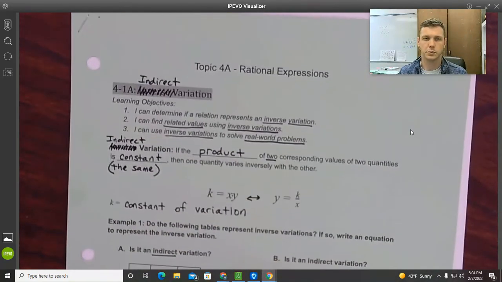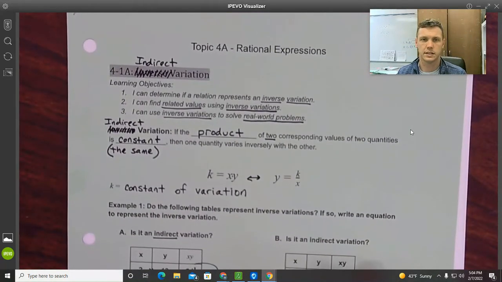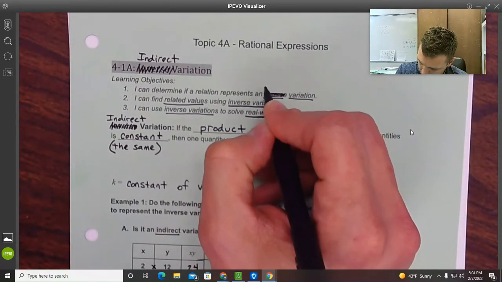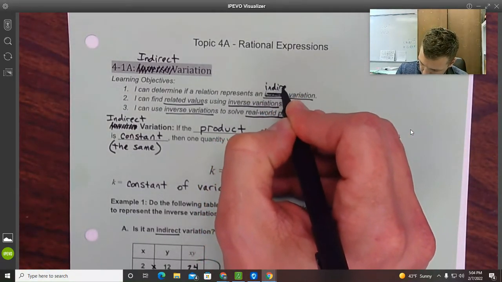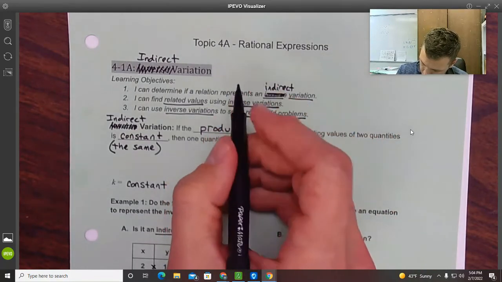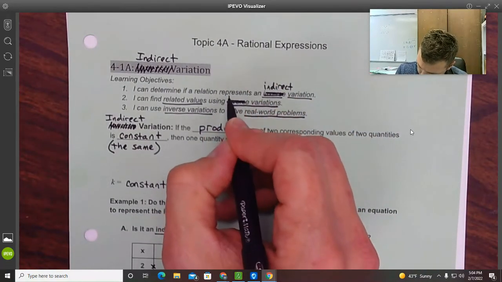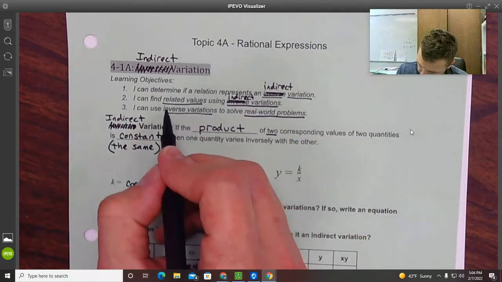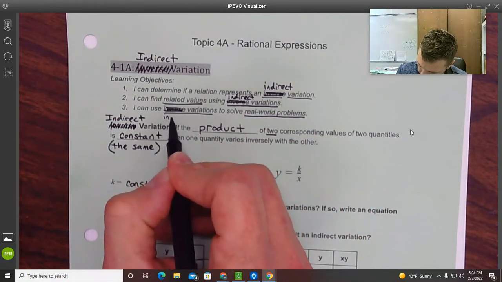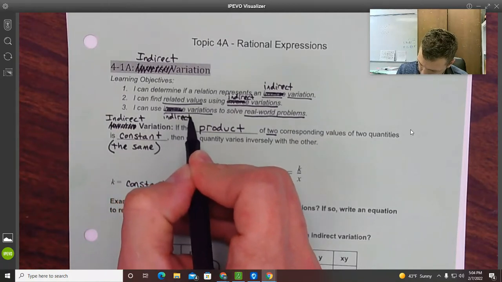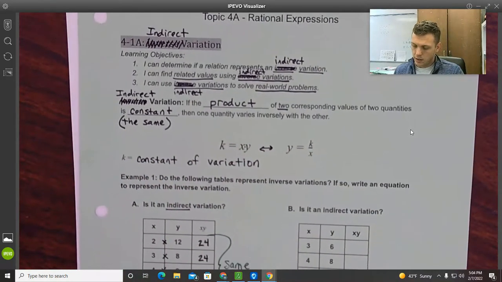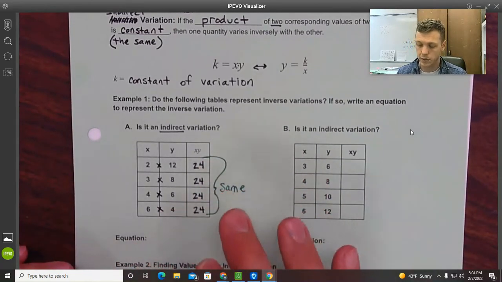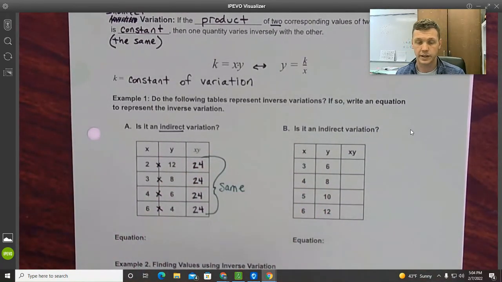Indirect. Okay, those should both say indirect variations. That was a major typo on my part. Okay, now as long as those are the same, we have what we call an indirect variation.